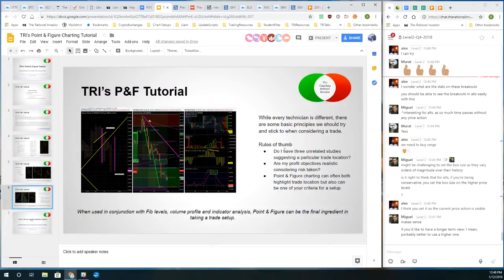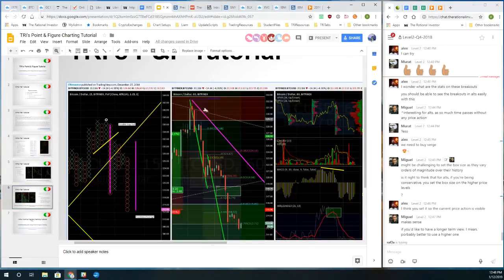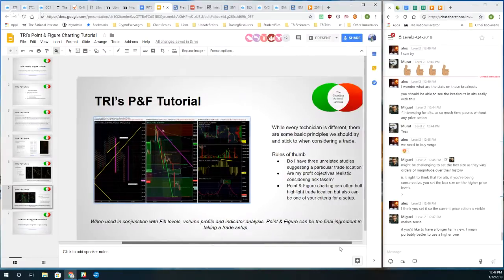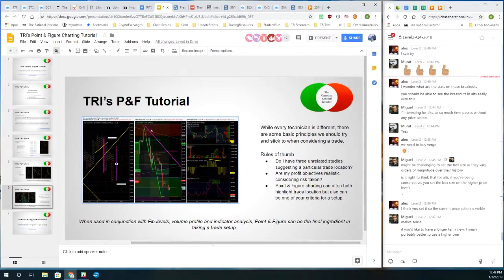Now, I know there are a lot of people that play point and figure charting and like to use it on its own. And as you can see here, here's a very classic double top pattern failure. We can also do vertical counts, and we have a consolidation here suggesting price targets. It works great. But what I would suggest you do, just as with everything else, is we want to have confluence of signals.